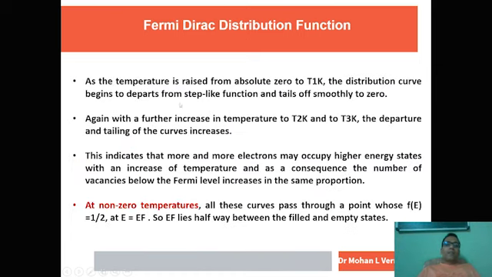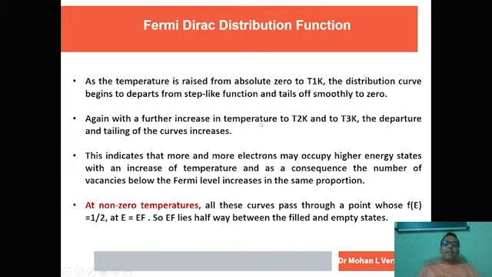These are just a summary of this Fermi-Dirac distribution function. As the temperature is raised from absolute zero to T1, the distribution curve begins to depart from the step-like function. This step-like function is only for T equal to 0 Kelvin. As temperature increases, the distribution curves depart and tail off smoothly to 0.